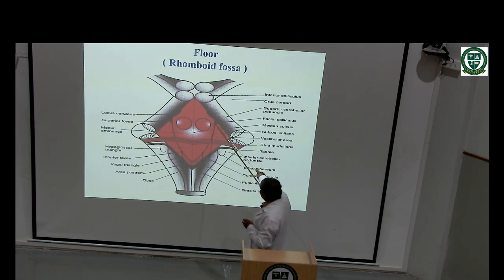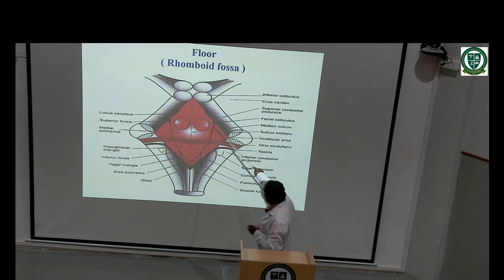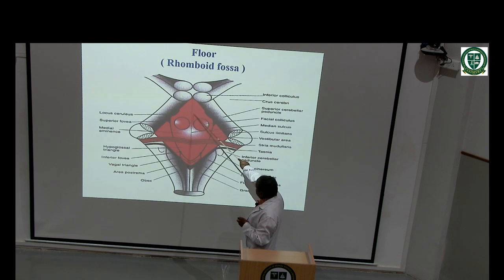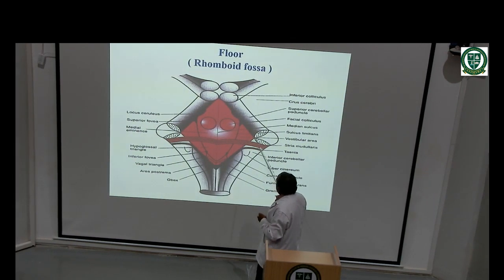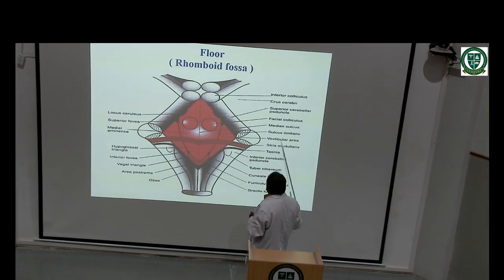This is called the sulcus limitans. The sulcus limitans divides each half into the medial eminence and the lateral vestibular area. So this is the sulcus limitans.